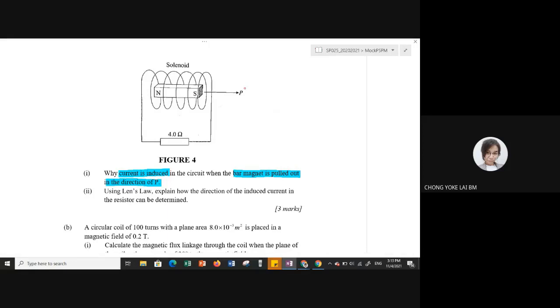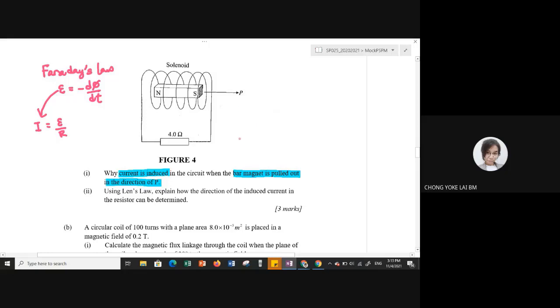Ataupun lebih tepat lagi, kalau ikut Faraday's law, how we get current induced or EMF induced when there is a change in magnetic flux. When there is a change in magnetic flux, we are going to induce EMF. When we induce EMF, we are going to produce current because current is EMF over resistance, right?